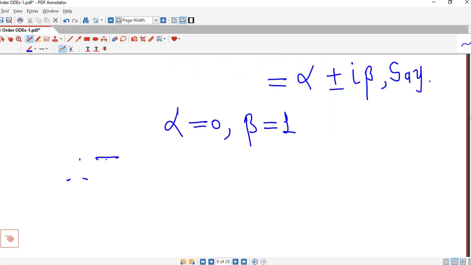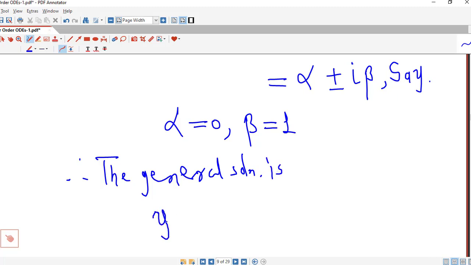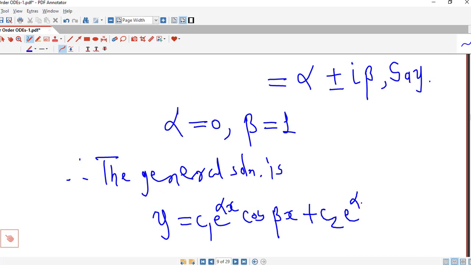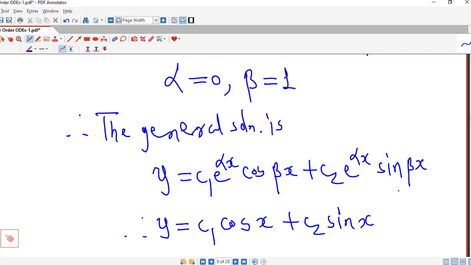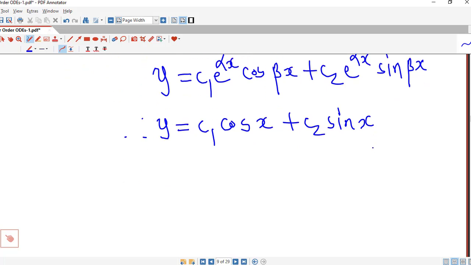In this case the general solution is y equal to c1 e raised to alpha x cos beta x plus c2 e raised to alpha x sin beta x, and the value of alpha is 0. So here we have c1 e raised to 0 x, that is 1, and beta is 1, so we have c1 cos x plus c2 sin x, where c1 and c2 are arbitrary constants.